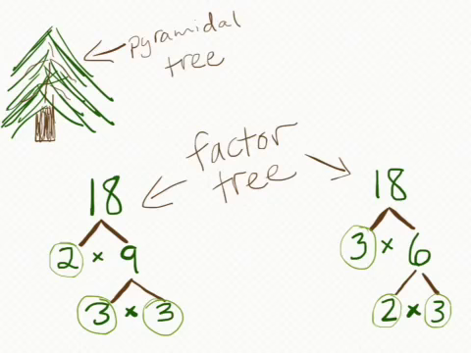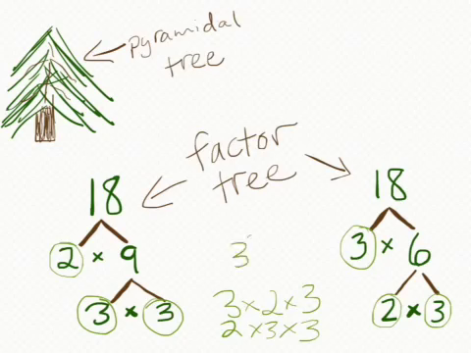So the prime factorization of this second tree could be written the exact same way. 3 times 2 times 3, or because of the commutative property, 2 times 3 times 3. Or, like a math pro using those exponents, 3 squared times 2. Because for the squared, we've got 1 3 times another 3.